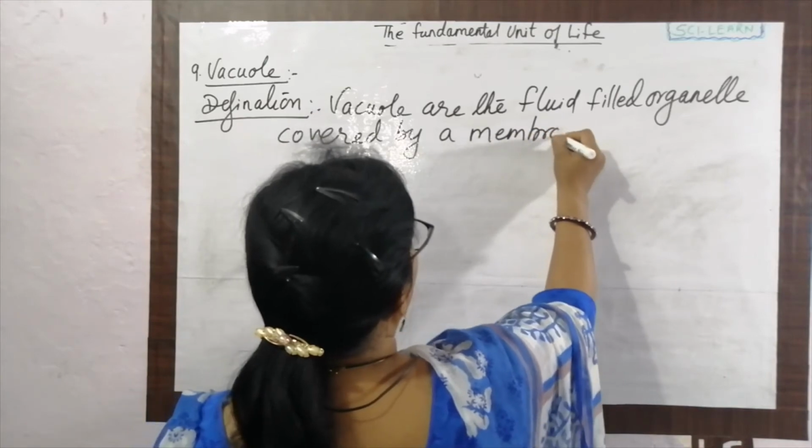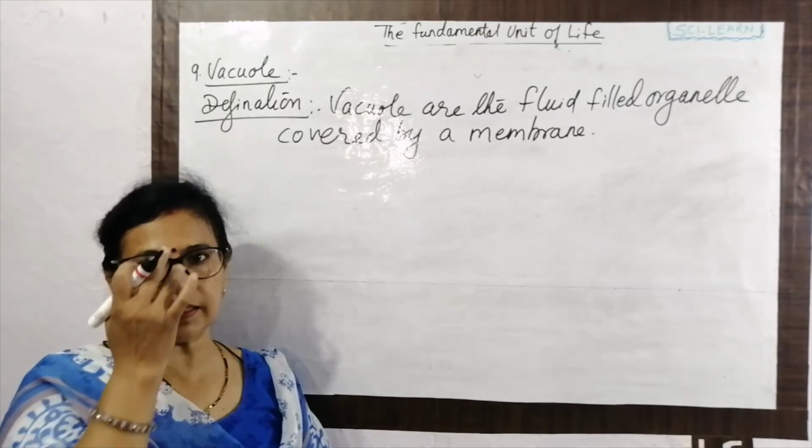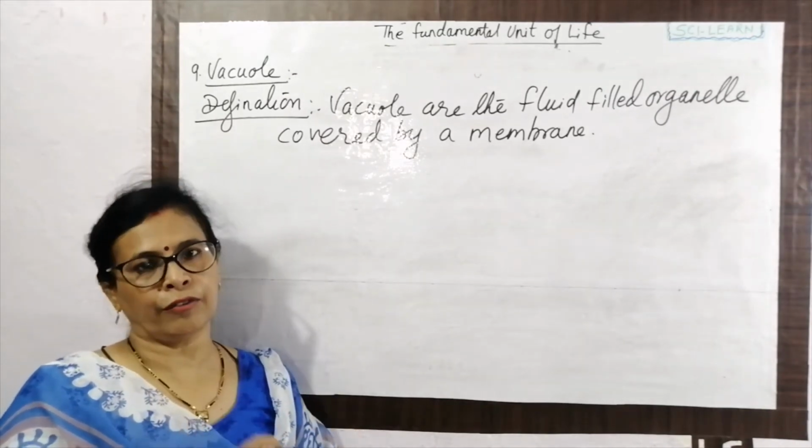Simply told, take a balloon, fill it with water. Take a balloon, fill it with water. That is the position, shape and size of the vacuole.